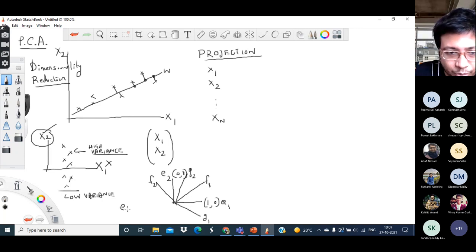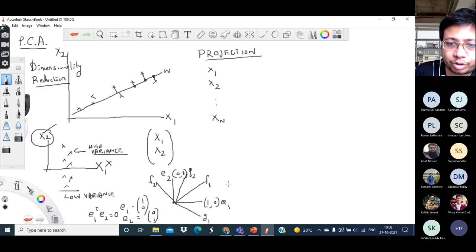So E1 is, as you can see, this vector (1, 0), and E2 is this vector (0, 1). As you can understand, E1 is unitary, its L2 norm is 1. Similarly, E2 is also unitary, and it should be obvious that E1 dot E2, or rather E1 transpose E2, is equal to 0.